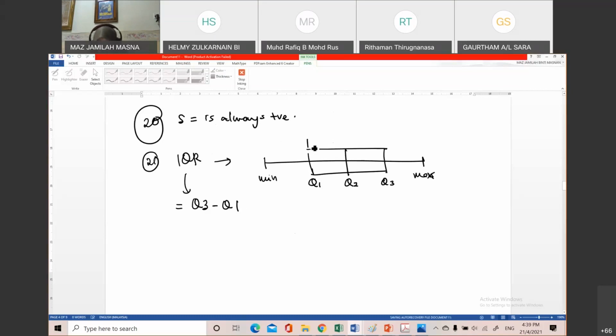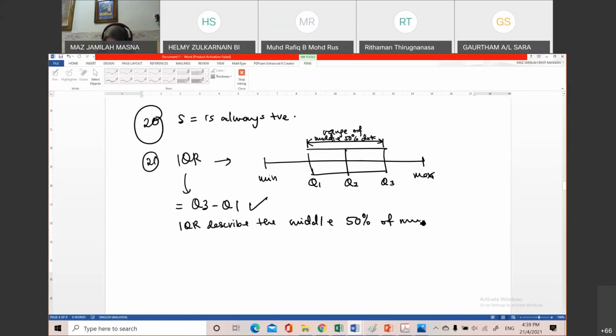So it is the range of the middle 50% of your data. That is IQR. Then, how do you describe IQR? IQR describes the middle 50% of my data.